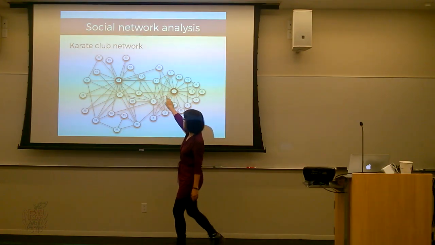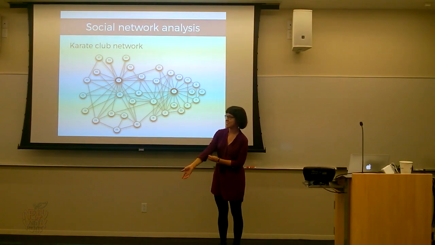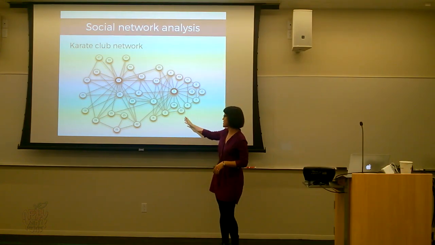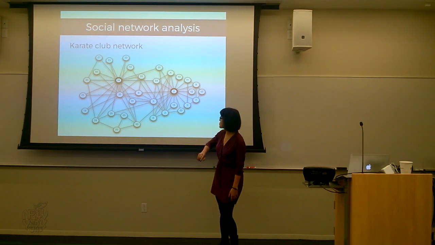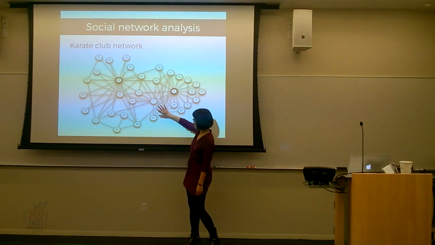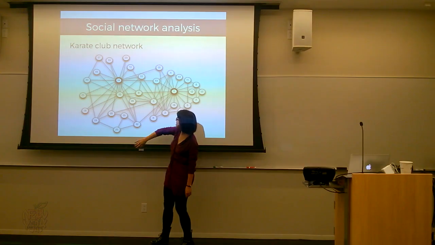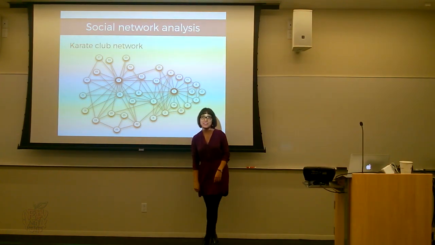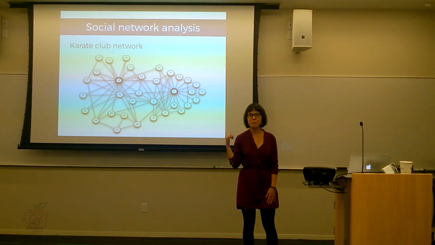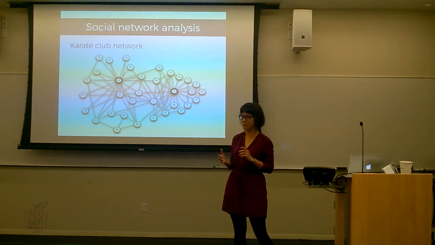These two are the leaders of the individual factions, and every person in the network has to decide which part they want to join. These people joined number 1, these joined number 34, and then there is the question of who these people join. This is a very canonical problem when you are doing community detection in social networks.